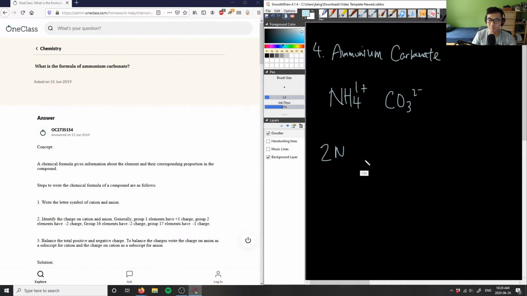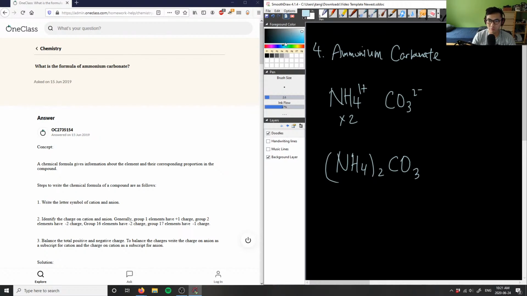I'm going to put 2 ammoniums onto this guy, because I'm going to multiply this by 2, so we had 2+ charge, which balances out this 2- charge, because 2 plus minus 2 equals 0, right? So I'm going to need 2 ammoniums here. So I'm going to think of this as multiplying by 2, which means I have NH4 2, then CO3. And this here is our chemical formula for ammonium carbonate.